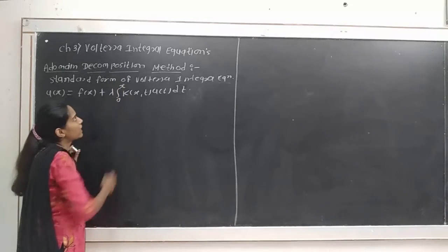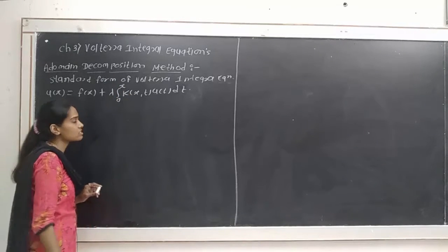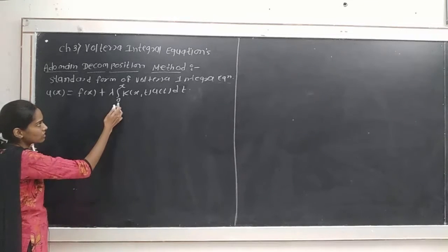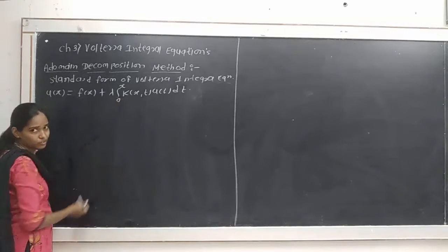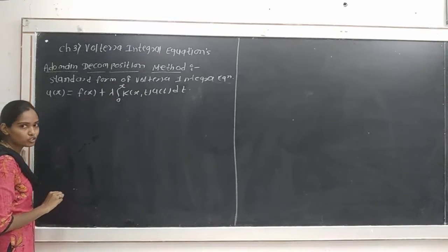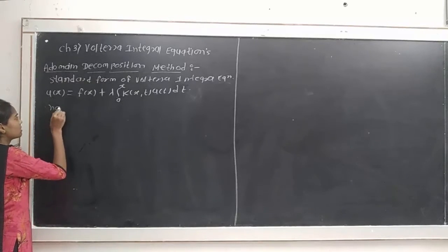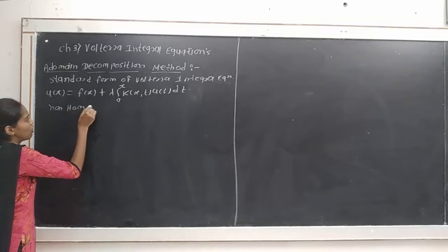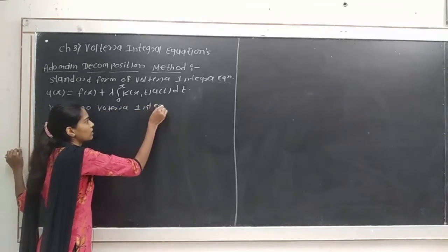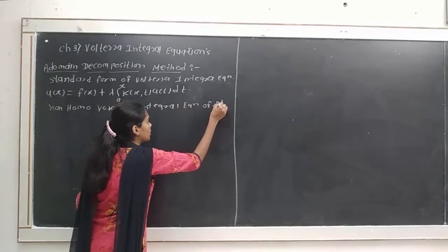But in the Volterra integral equation, the upper limit is variable and the lower limit is 0. Here we only consider the lower limit 0. Since f of x is present, this is the non-homogeneous Volterra integral equation of second kind.